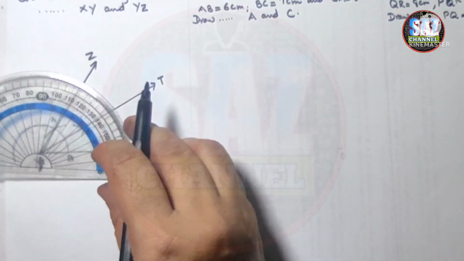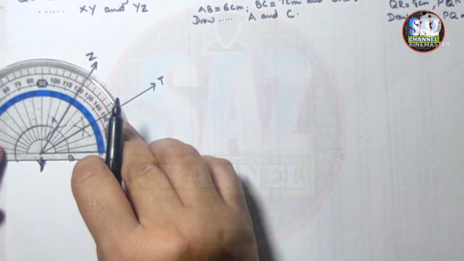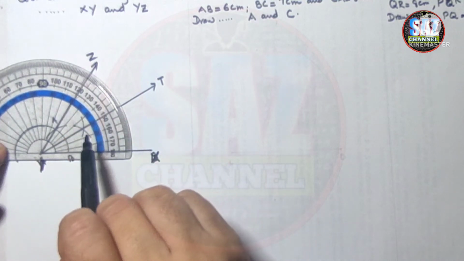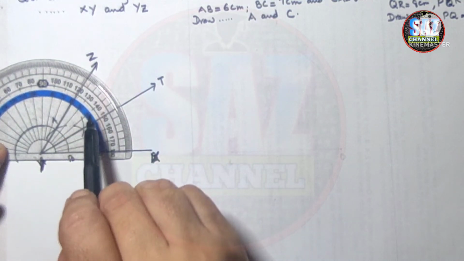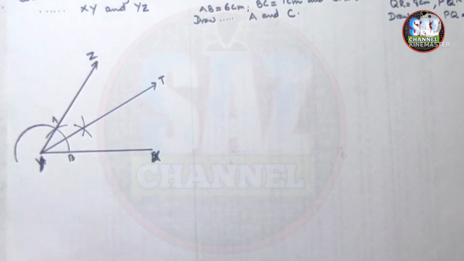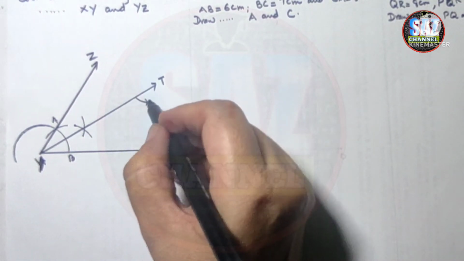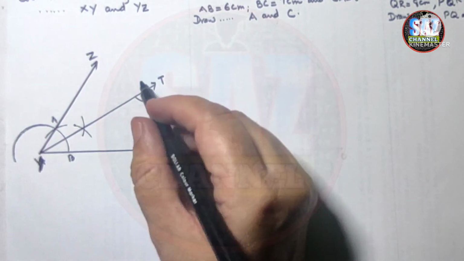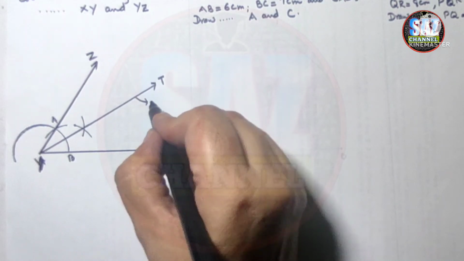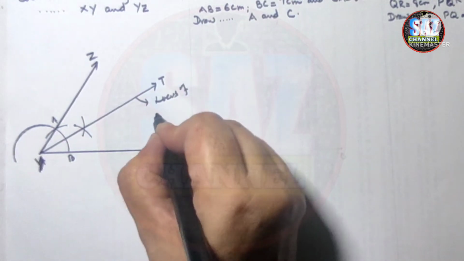Let me keep the protractor here, and now you can see that this is 10, 20 and 30 degrees, and this is 30 degrees. So, it means that this line is dividing the basic angle into two parts, and this is the position of that locus of point P, and it is an angle bisector.